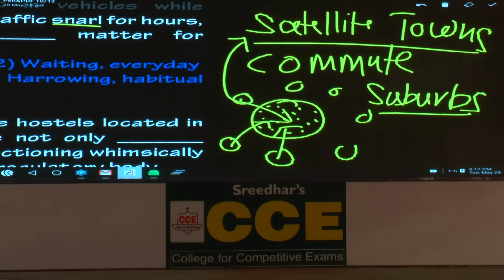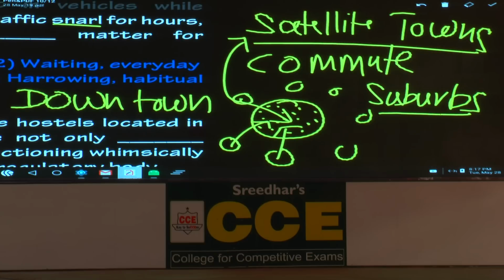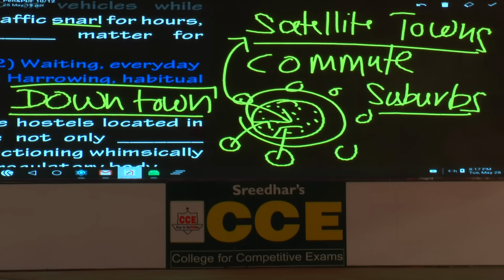Generally, people commute from satellite towns to the heart of the city. The heart of the city, what is the other word for that? Please write, downtown. Downtown is a regular word used by Westerners, but many Indians don't know this word. Downtown, I'm going to the downtown, they use quite often. Downtown means the busiest marketplace in a city. So suburbs, satellite towns, and the boundaries of the city, what is the word for that? Outskirts.